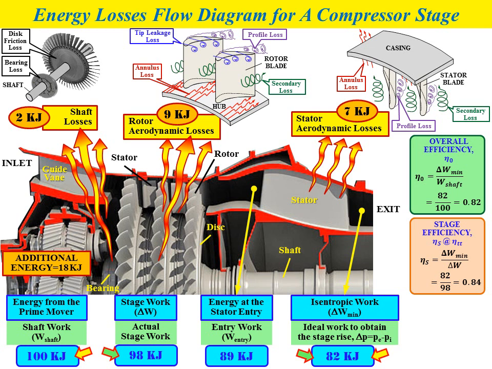So now from this slide, we already learned that there are various types of losses involved in the actual process of the compressor, and also we already know why the energy supplied in the actual process is greater than the energy supplied for the ideal compression process in the compressor.